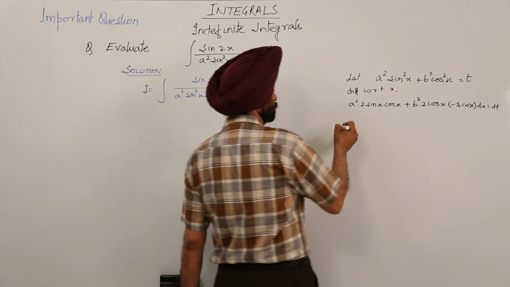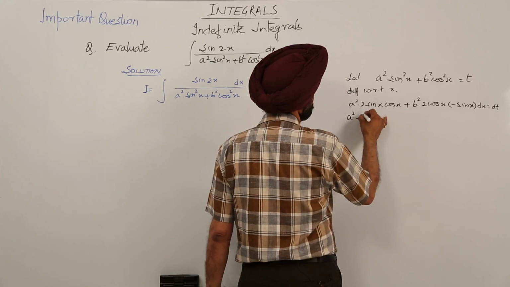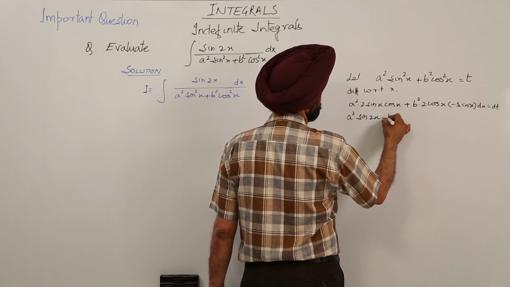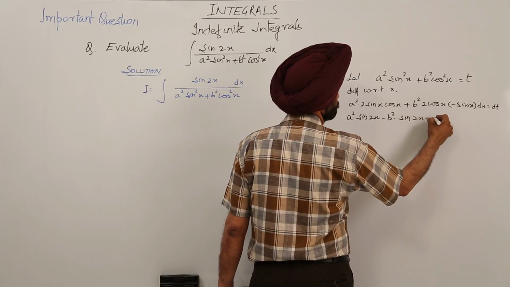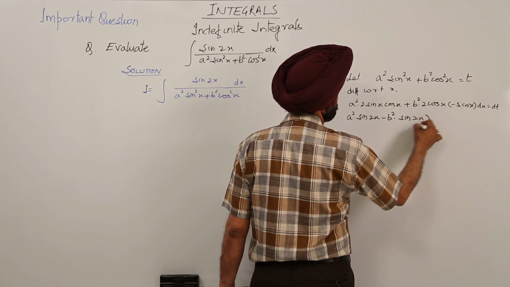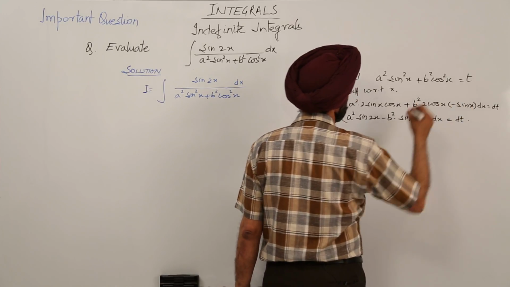Okay, so now this becomes what? a square with sin 2x minus b square with sin 2x dx is equal to dt.